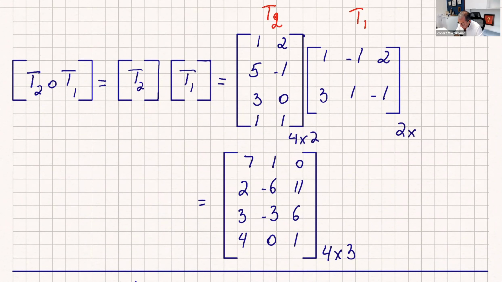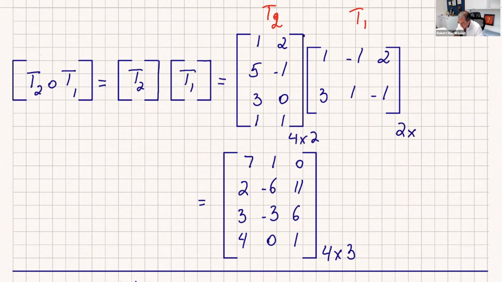Let me just do the first entry. So 1 times 1 plus 2 times 3 is 7, and please watch the video on matrix multiplication. I already have that video up, so that's what you get. And if you compare that, that's the same matrix as the composition. So composition of linear transformations can be performed by matrix multiplication.